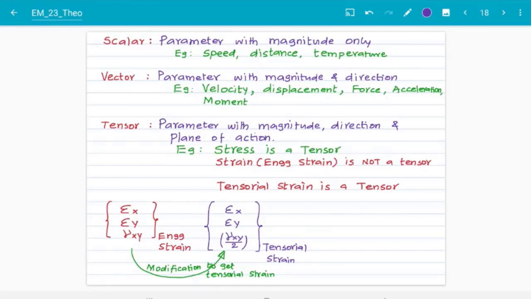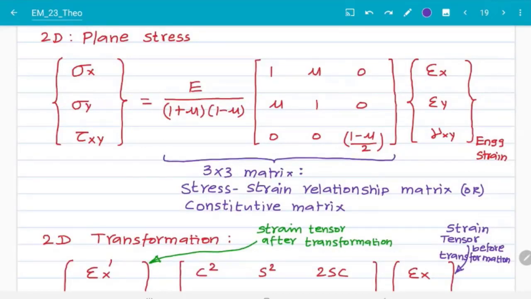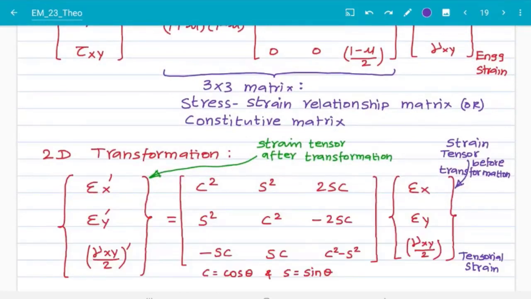In order to undergo the transformation process, the Mohr circle process, we have to convert the engineering strain into tensorial strain. Then only we can use the Mohr circle process for strain transformation. We use the engineering strain in Hooke's law, and the tensorial strain in the Mohr circle. Okay. Right.